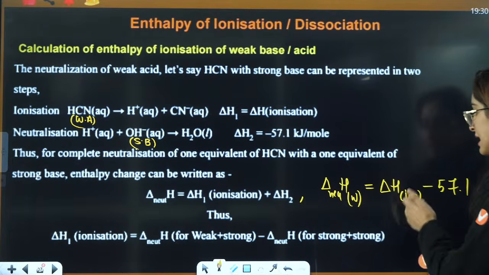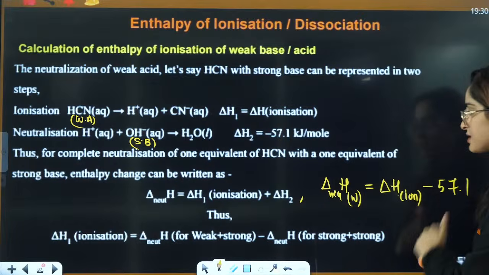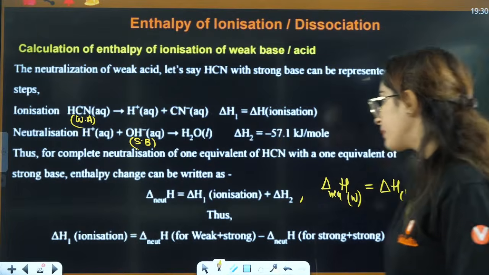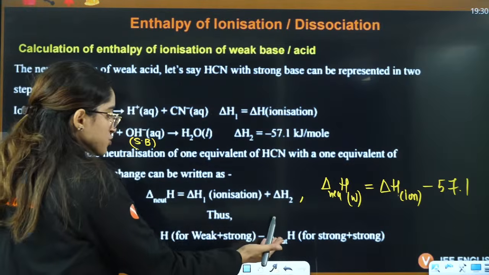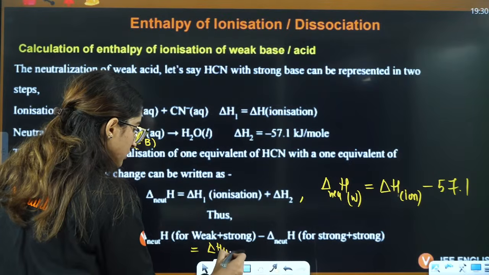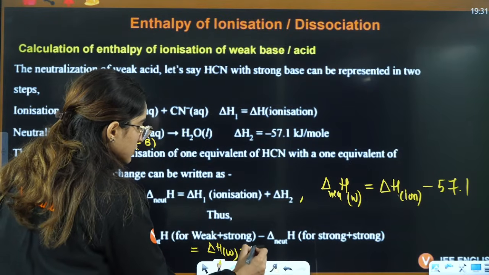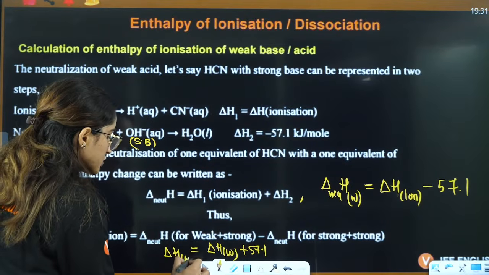If you want to solve this, this will be neutralization of weak plus 57.1. Because if you put this here strong, it will become nothing but delta H of weak plus 57.1. That will be delta H of ionization.